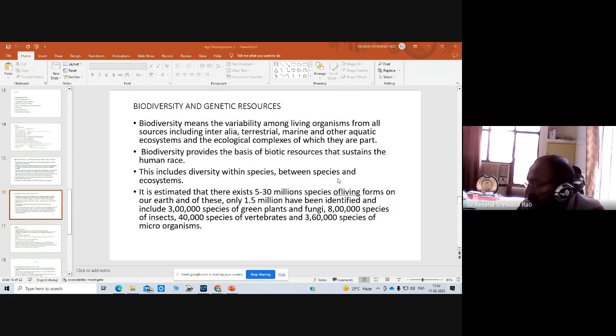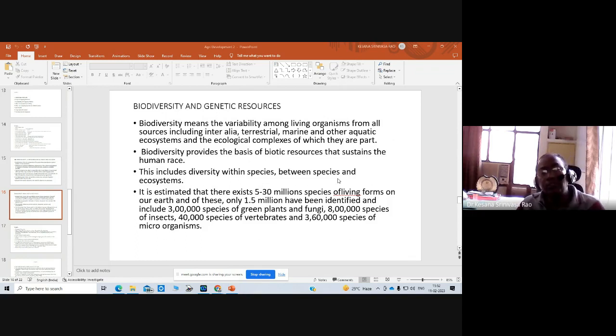Any human being depends on the biodiversity where they are living, and the type of resources they have will influence the human population.